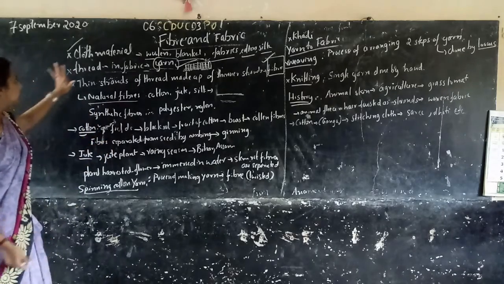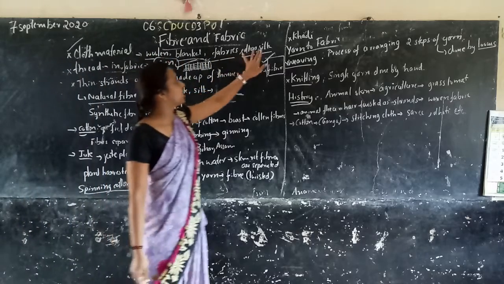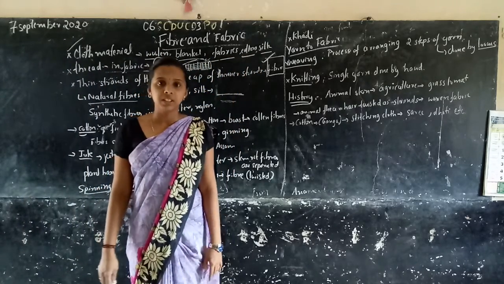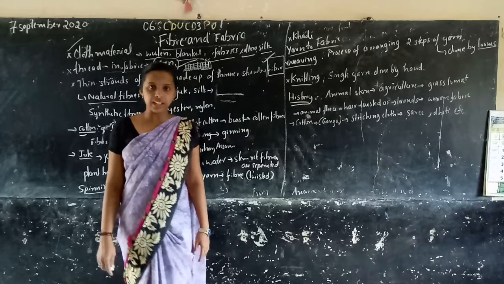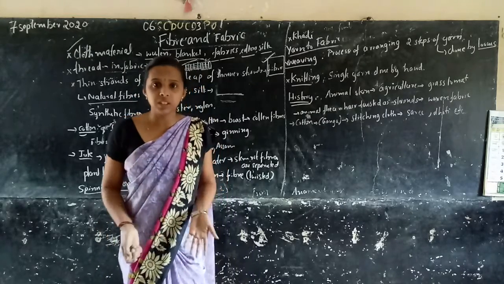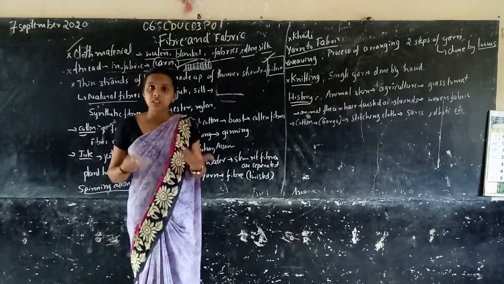It has the cloth materials which are woolen, blanket, fibers, cotton, silk. So we are using different cloth materials in our daily life, right? Someone likes cotton, someone likes silk, someone has woolen. So there are different types of cloth material.